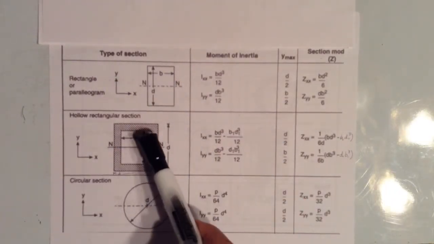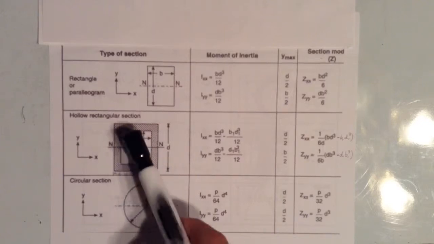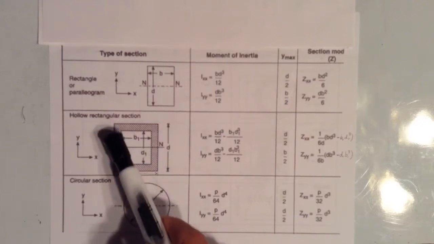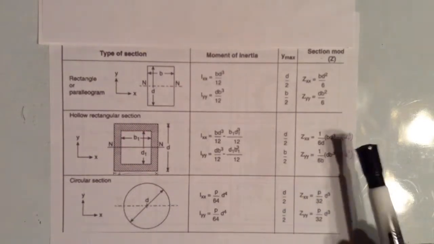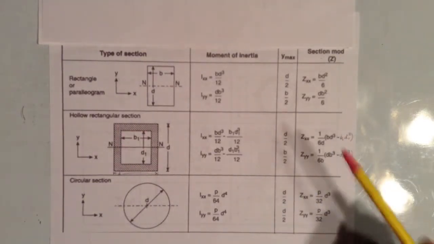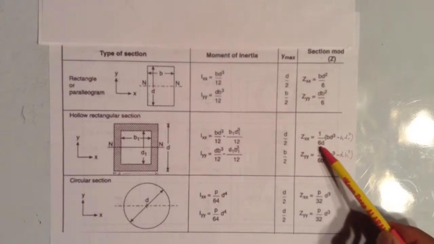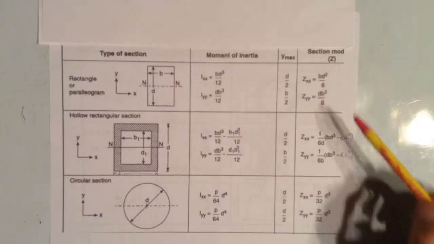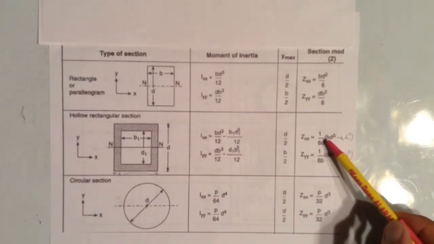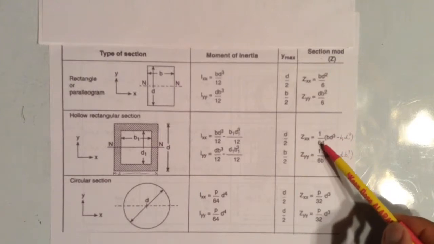Here's a rectangular cross section that's hollow. That's what you'd have when you have a hollow tube, square tube. As you can see, here's what the section modulus is. This part of the equation is the same as this. That's base times depth squared over 6. Well, this is base times depth cubed over 6 times depth.